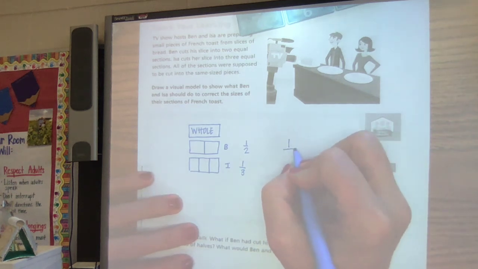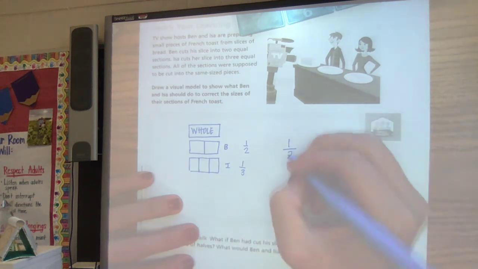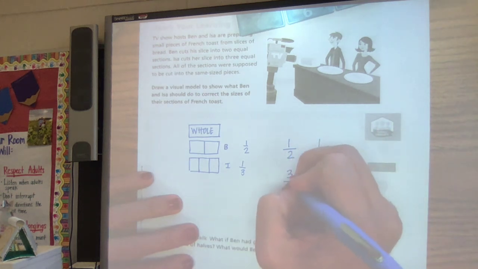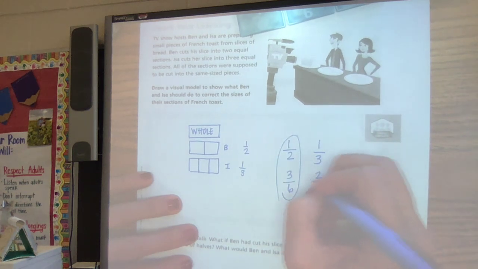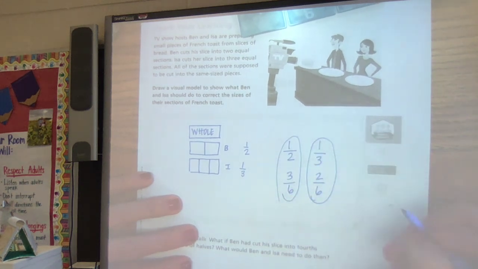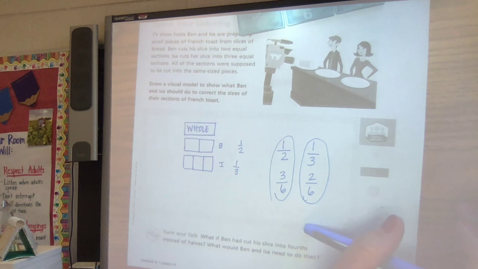So if I have a half and I have a third, what I just said was I know 3/6 is equivalent to a half, and I know 2/6 is equivalent to a third. So they could have used 6 to make them be equal.